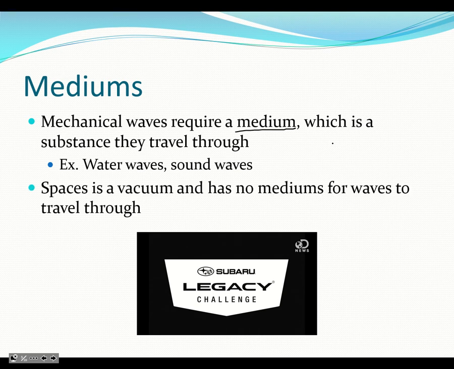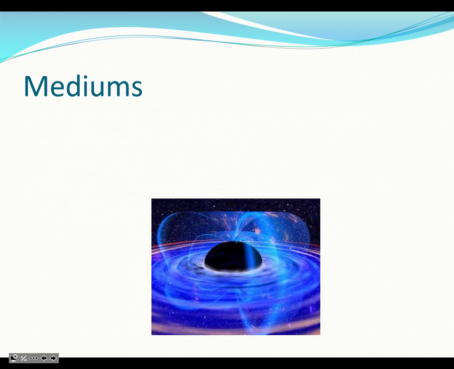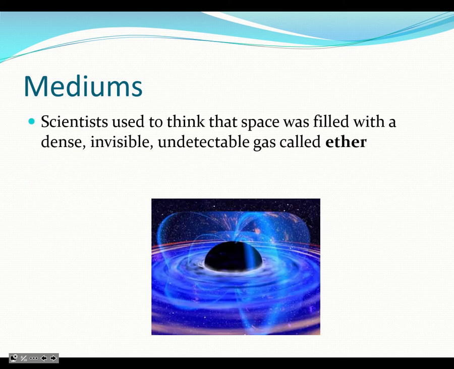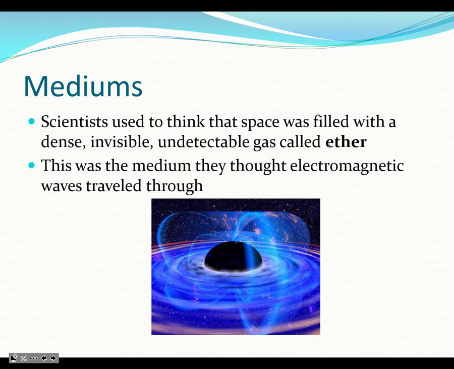So that's kind of weird in terms of waves. So scientists used to have this theory where they thought that space was filled with this dense, invisible, undetectable gas called ether, and they thought that this was a medium. It was kind of like water out in space, but we can't see it, we can't detect it, and this was a medium that these electromagnetic waves traveled through.